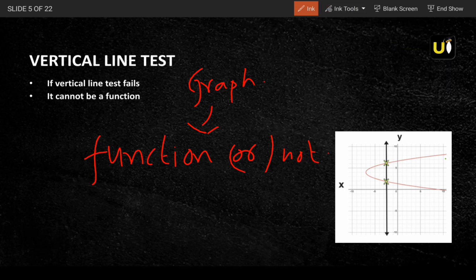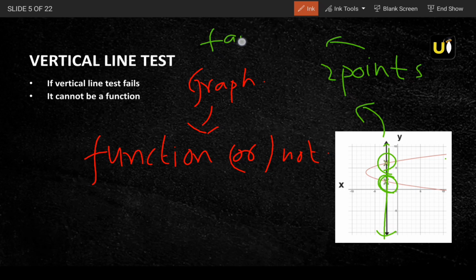See in this example here, when we draw a vertical line, the line is touching the graph at 2 points. Okay, if this happens, the graph fails the vertical line test. If a graph fails the vertical line test, then that means the graph is not a function.